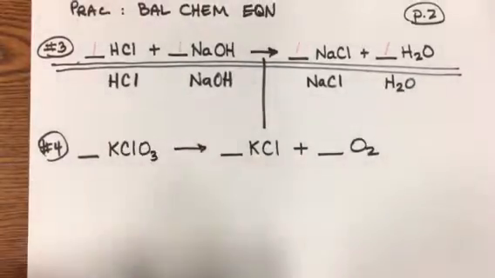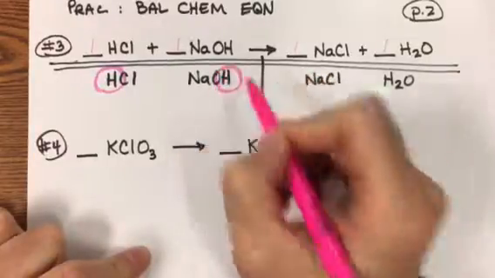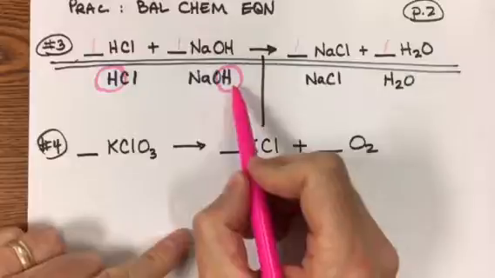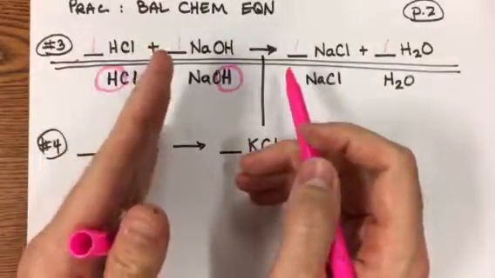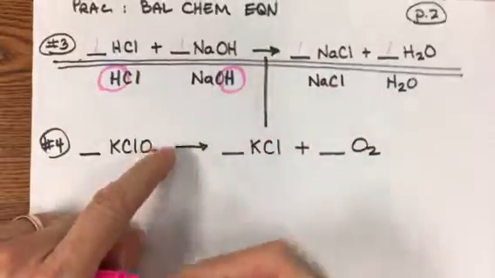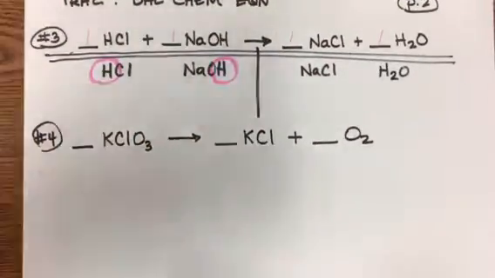And the trick to this, remember, was that the hydrogens, even though they were in separate formulas on the left-hand side of the arrow, because they're both on the left-hand side of the arrow, you count those hydrogens together when you count.